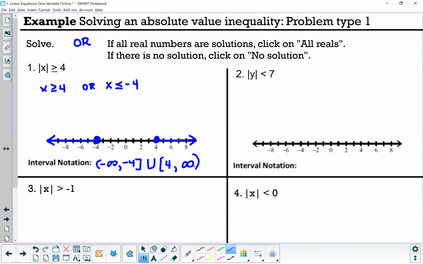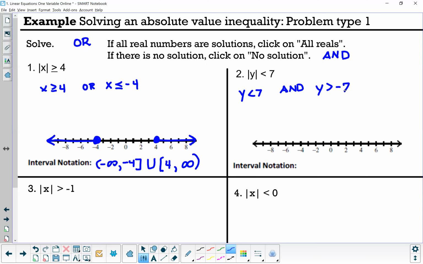So remember, less than or equal to, your compound inequality is going to be and. And so I'm going to separate this into two inequalities. Our compound inequality, we have y is less than 7 and y is greater than -7.